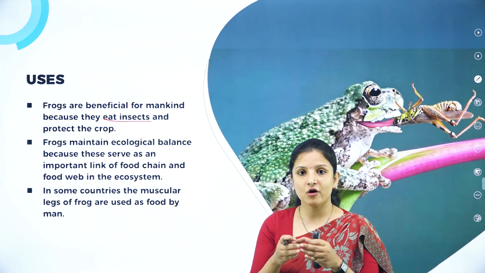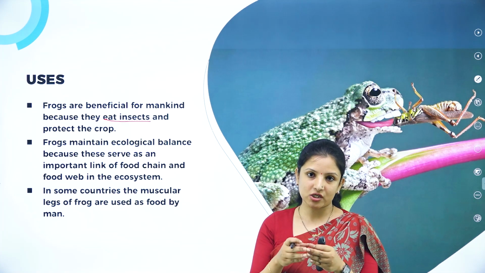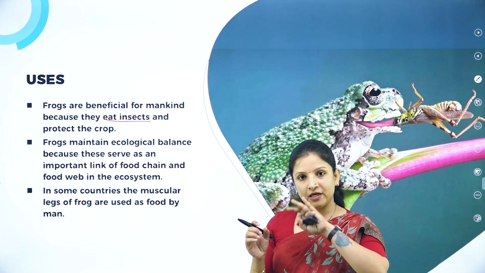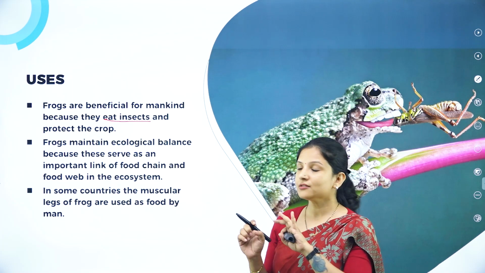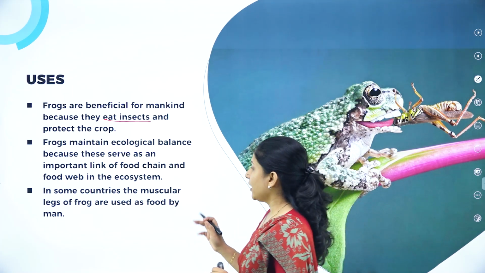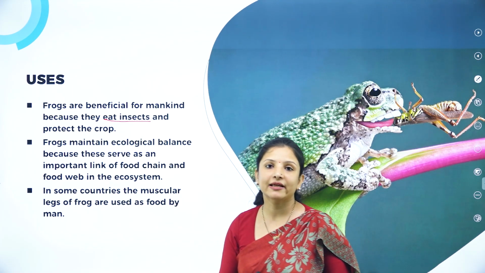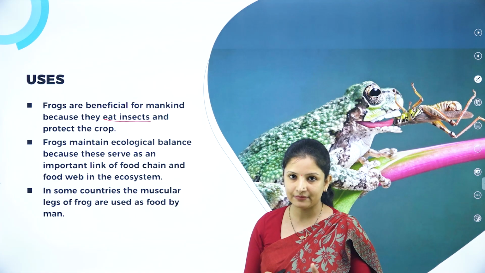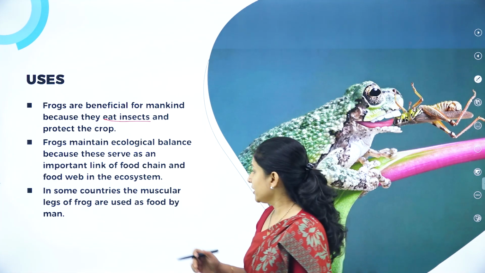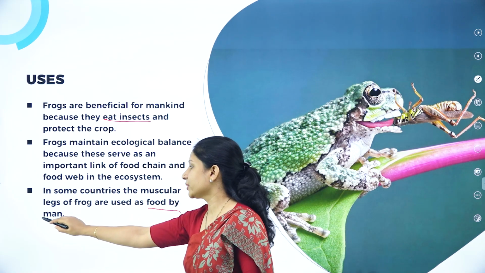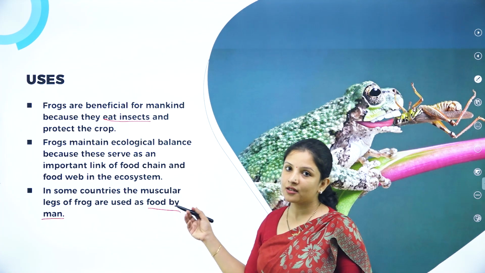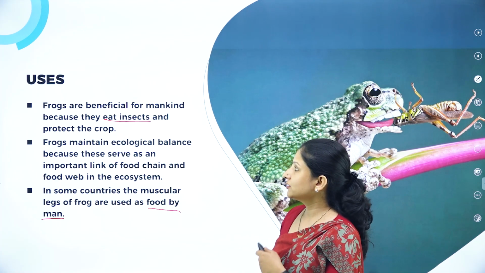Frogs form an important link in the food chain, feeding on these insects and maintaining equilibrium. And in some countries, the muscular legs of the frog, especially the hind limbs, are used as food, in preparing many delicacies. So these are the uses.